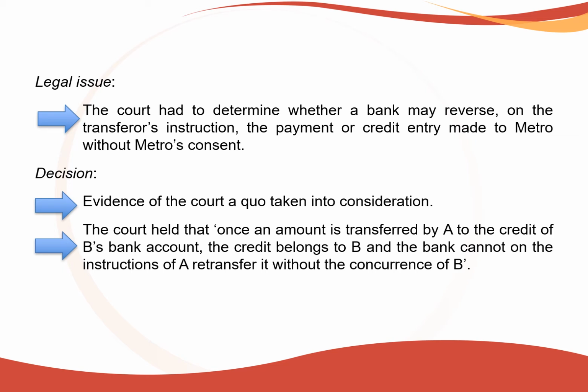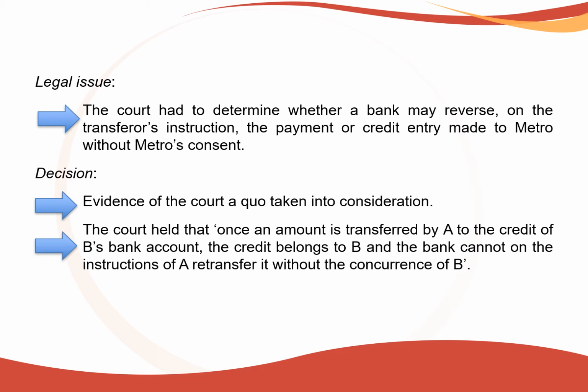The court came to this decision as in the court a quo, the bank's witness testified that an interbank agreement under the auspices of the Automatic Clearing Bureau, or ACB, exists that provides that without the beneficiary's consent, an EFT cannot be reversed.